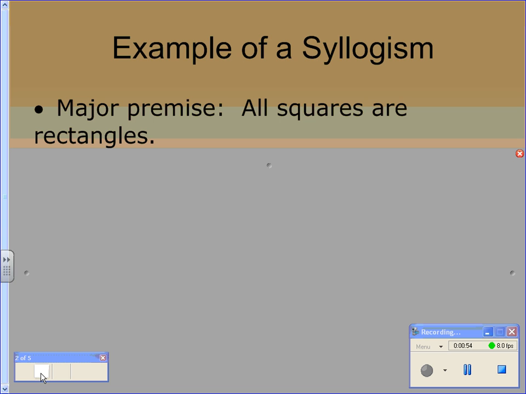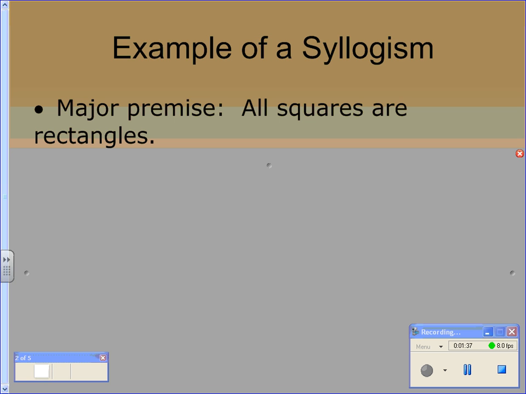It's a type of deductive reasoning. Syllogism is made up of a major premise, a minor premise, and a conclusion.